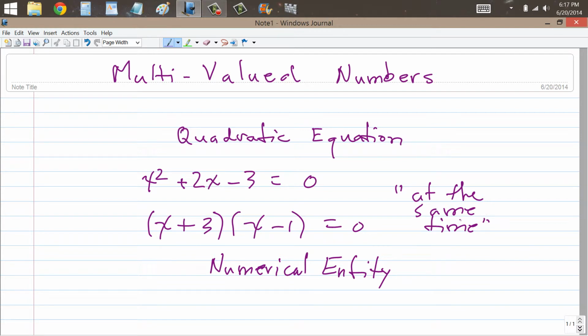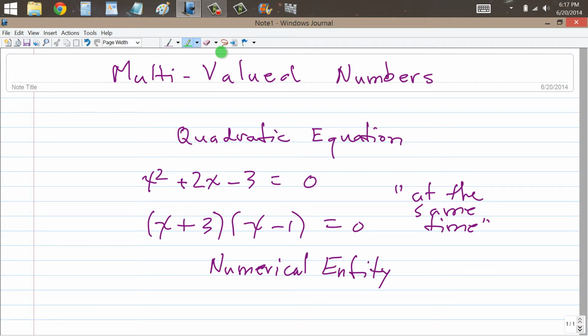Now, when you think about the solution set, you might say that x equals minus 3 or x equals 1. But I would like to turn that around and say, suppose that we say x equals minus 3 and x equals 1.